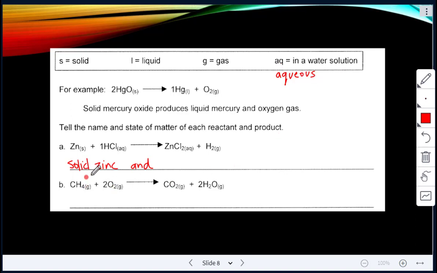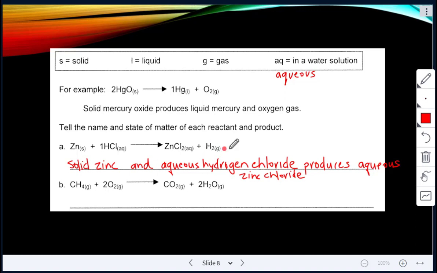So here we have solid zinc and aqueous hydrogen chloride produces, so we have aqueous zinc chloride, and we have H2G, so that's hydrogen gas.